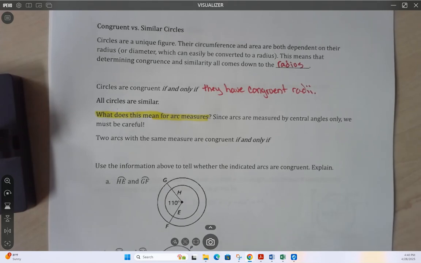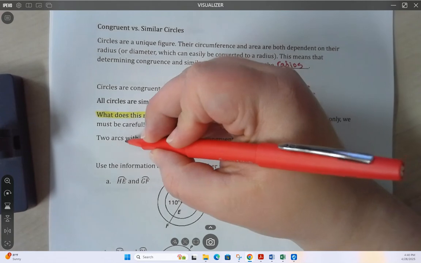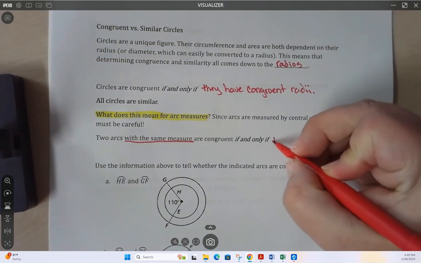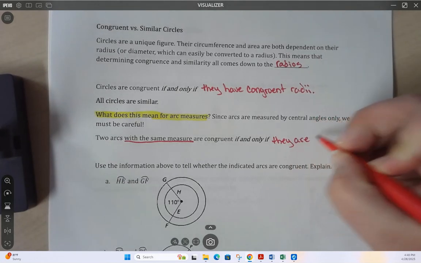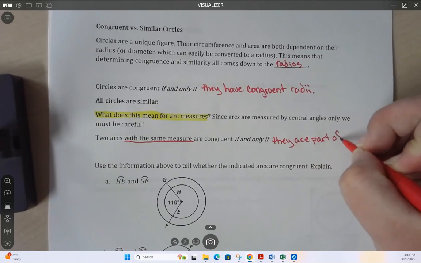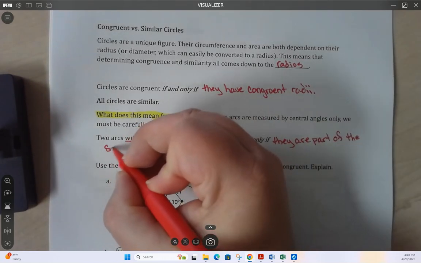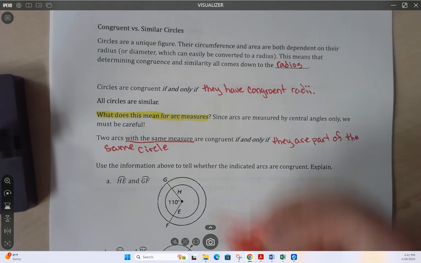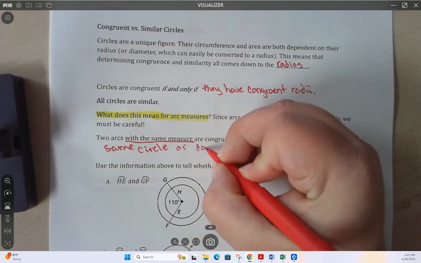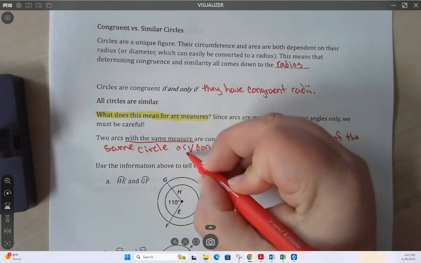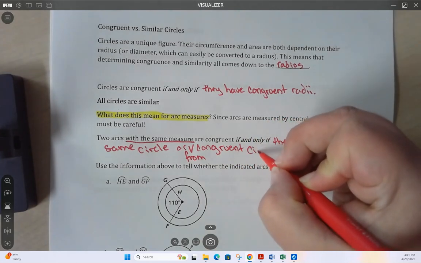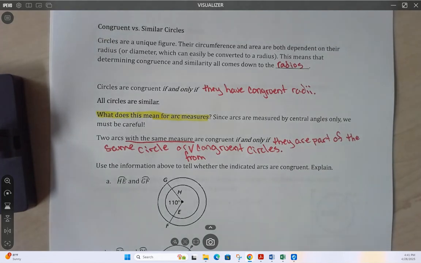So two arcs with the same measure, and this is very important, are congruent if and only if they are part of the same circle, which is guaranteed to have the same radius, or from congruent circles, which again have the same radius.